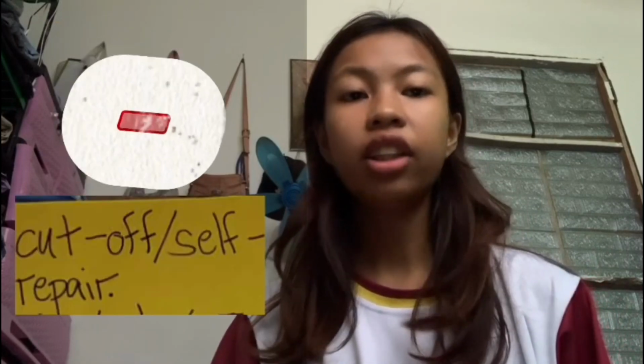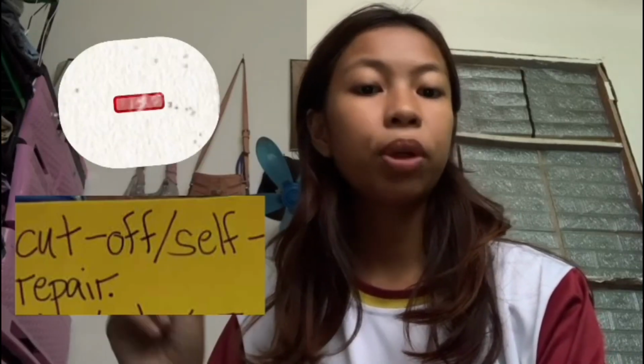So the first symbol is a dash. So in a transcript, the dash often marks a cut-off, meaning the speaker suddenly stops mid-word or mid-sentence, either because they change what they're going to say, they hesitate, they are interrupted, or they self-correct. So that is called self-repair.